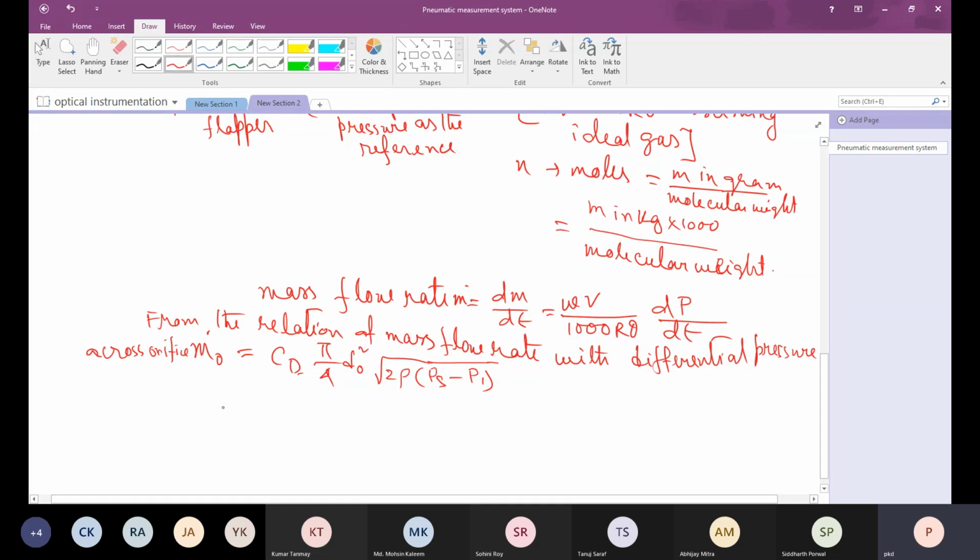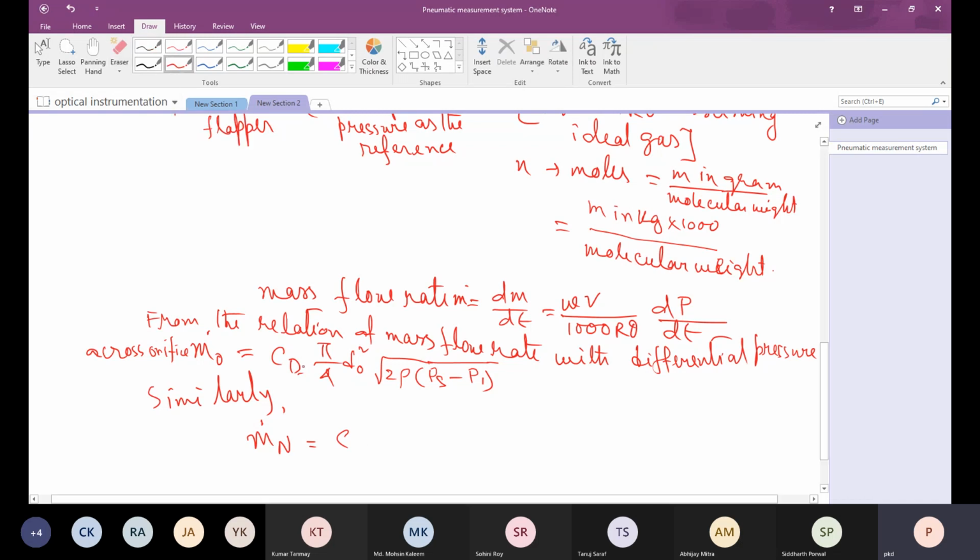Okay, I think this is being recorded. So similarly, the mass flow rate mn dot will be again related by, okay, I can call it CDN.